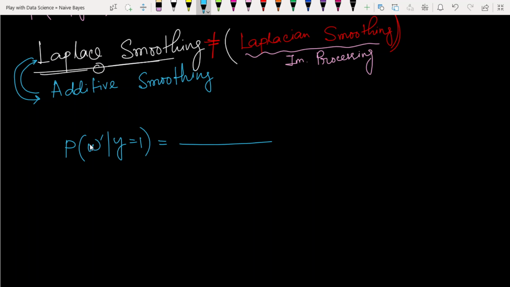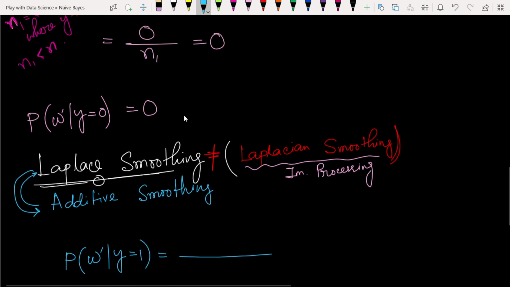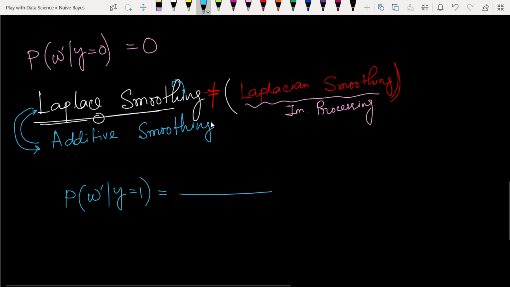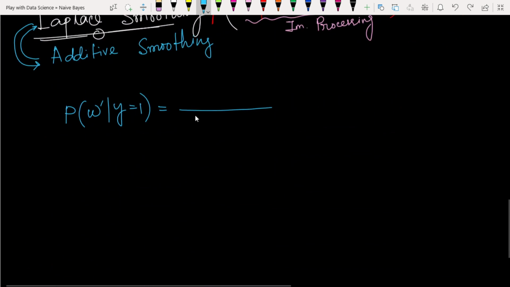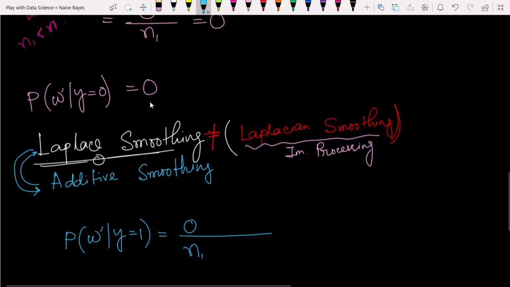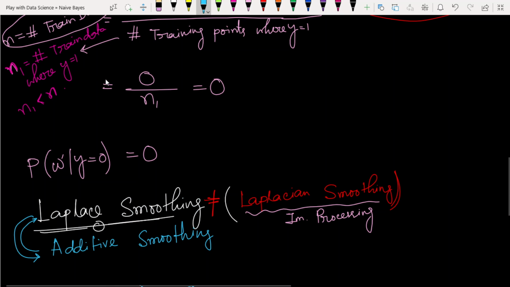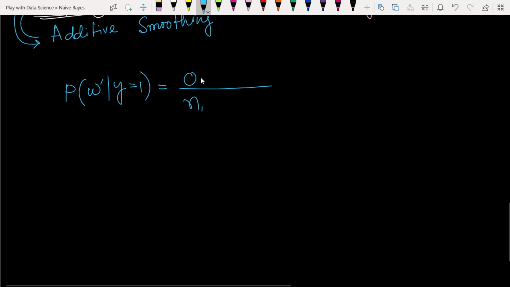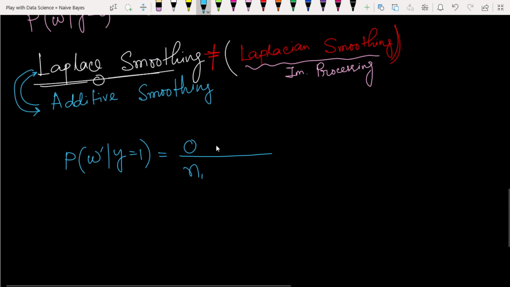For class label 1, we saw that in the numerator we got a zero value, and in the denominator we have n1, the number of data points for class label y equals 1. Laplace smoothing is nothing but adding a term alpha to the numerator, and adding alpha times k to the denominator.